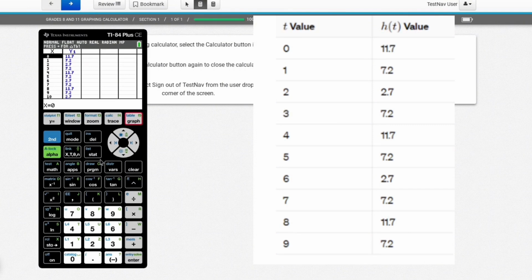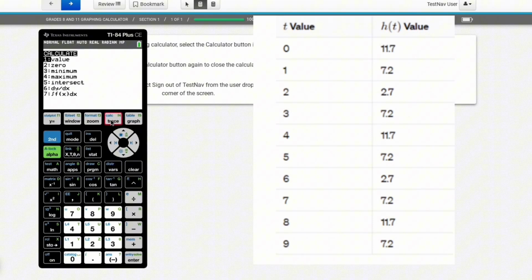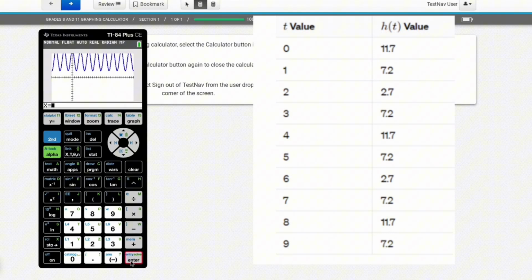Now, at 22.2, we can do the same thing we did for part B and use value and type 22.2. And that's going to get us 2.920, but we're going to stop at 2.92.